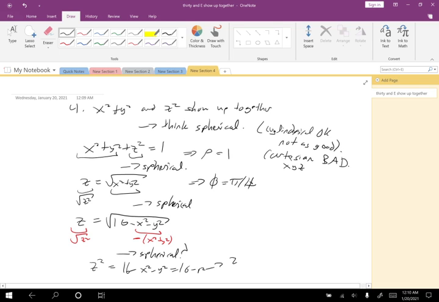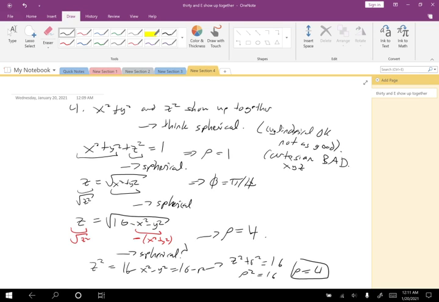And so then this is z squared plus r squared equals 16, or rho squared equals 16. So we simplified it down to rho equals 4. Right? So just this heuristic of r squared and z squared appearing right next to each other, or in similar places, will help tell you to use spherical coordinates.